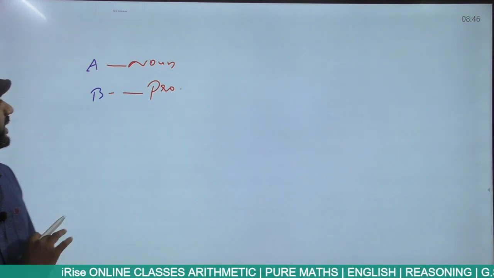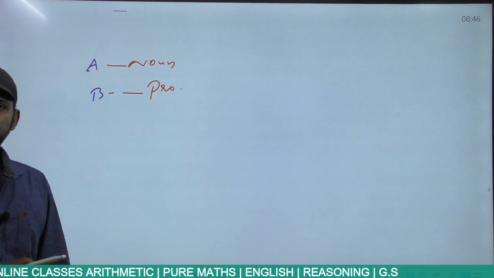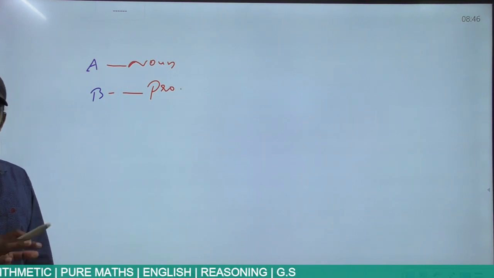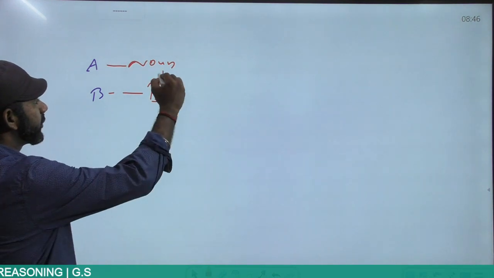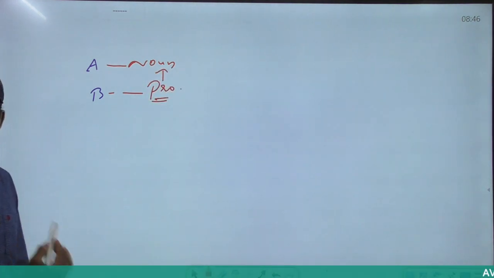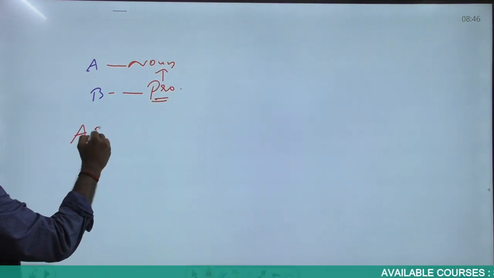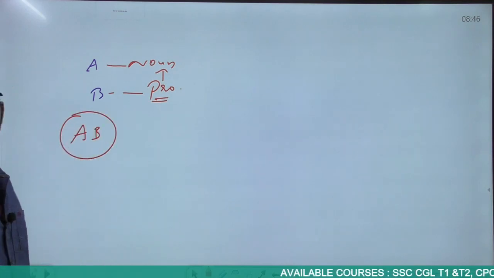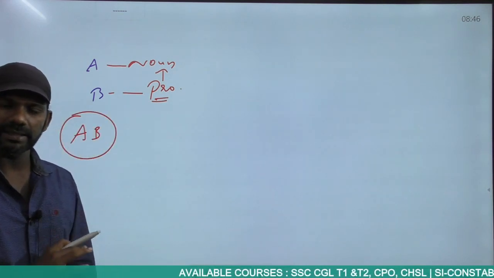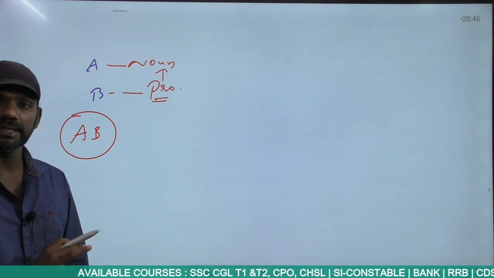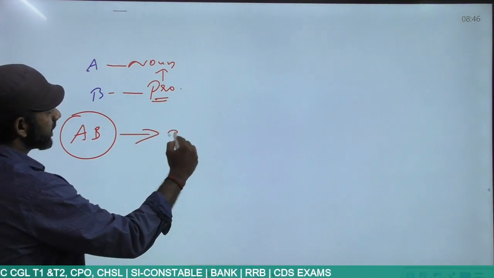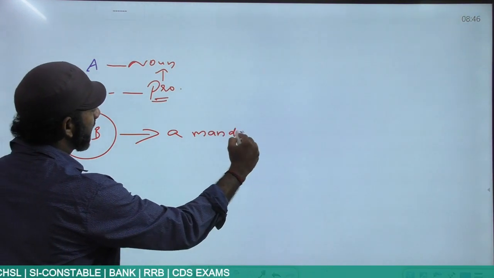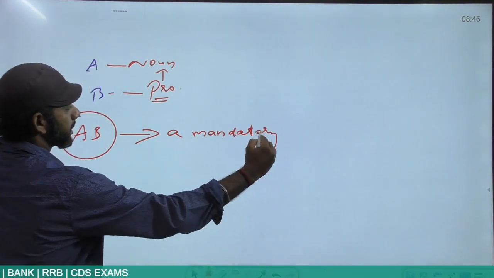Pronoun antecedent. If you feel that the pronoun in sentence B refers to the noun in sentence A, then AB must come together. I repeat, if the pronoun in sentence B refers to the noun in sentence A, then AB must come together and AB can be called a mandatory pair.